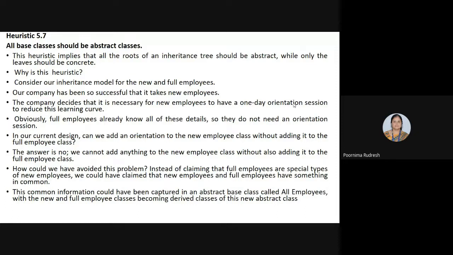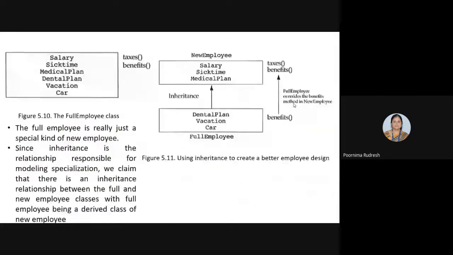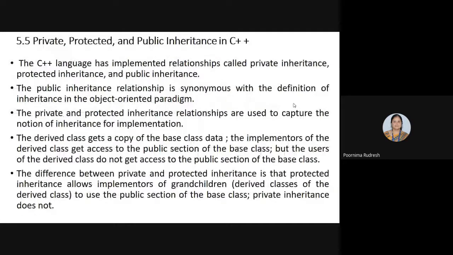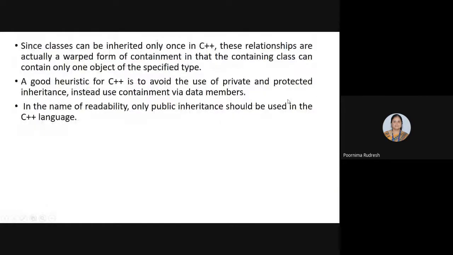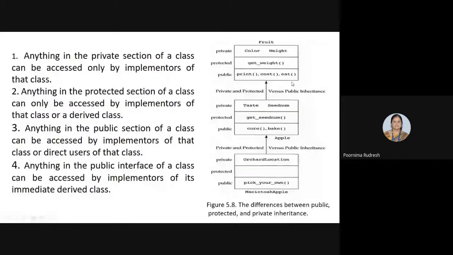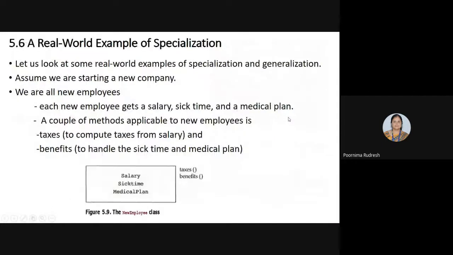In the next class, you are going to study the real world example for generalization. In this class, you have studied private, protected, and public inheritance with respect to the C++ language, and the differences between them. After that, you studied a real world example of specialization.